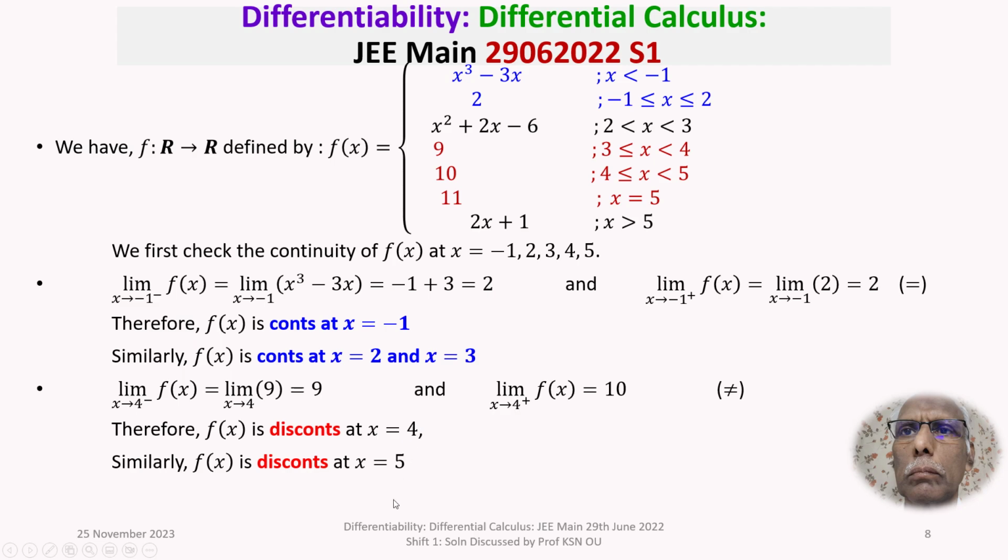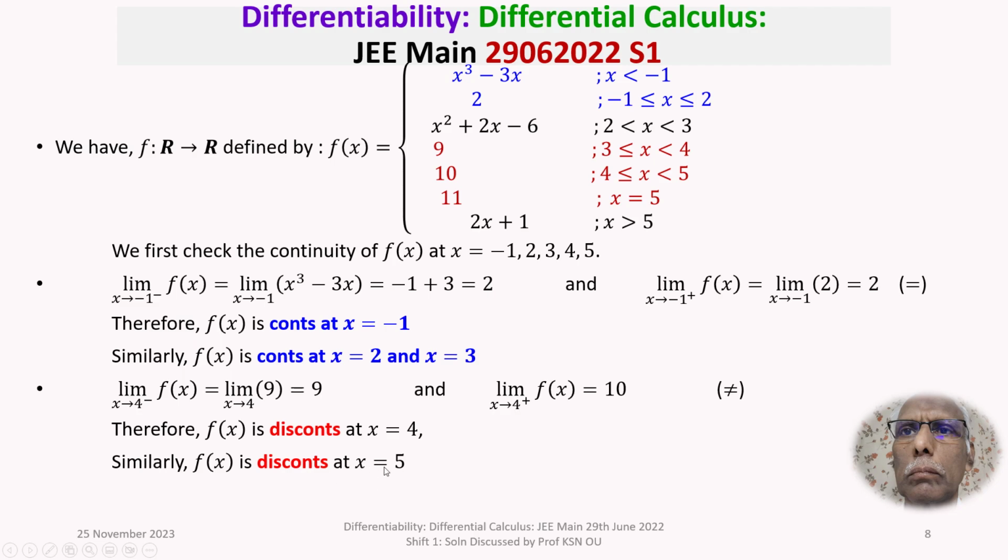Suppose at 4 and 5 it is differentiable. Differentiability always implies continuity. So differentiable at x equal to 4 would imply it is continuous at x equal to 4, which is a contradiction because it is discontinuous at x equal to 4. Therefore, it is not differentiable at x equal to 4.